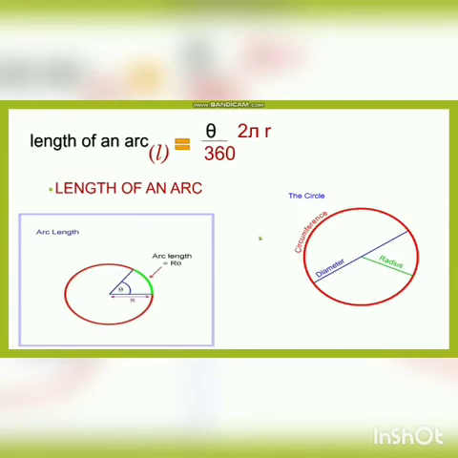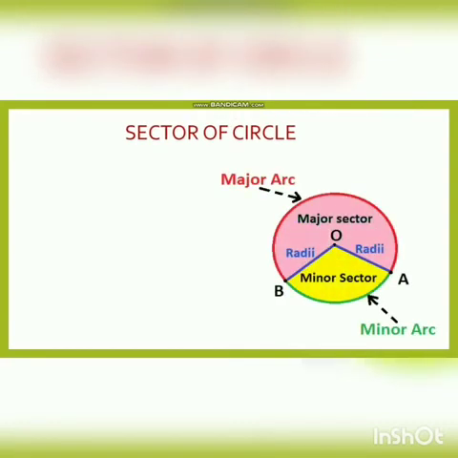Okay. Now we are going to see the sector of circle. Our next topic, sector of circle. Again, see the circle on the board. BA is a minor arc and this is a major arc.